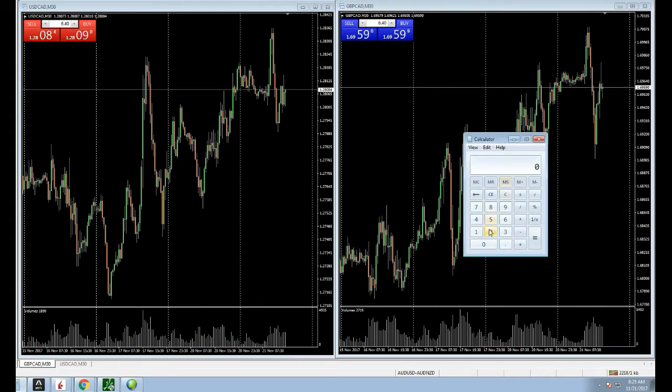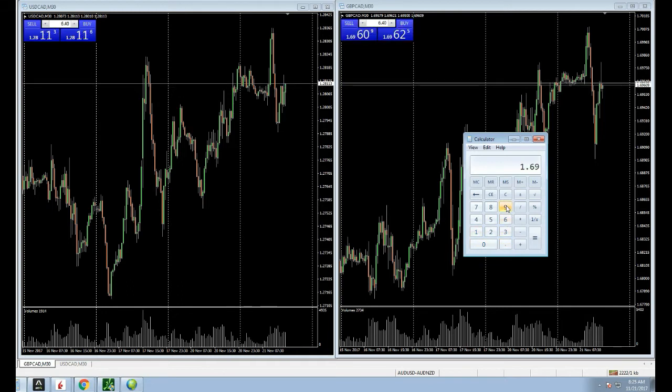So right now we have 1.6960 subtract 1.2810. That's just the difference between the two contracts. If I take the current price of the two contracts, that's 0.4150, actually negative 0.4150.